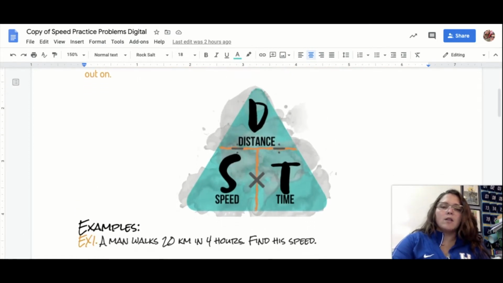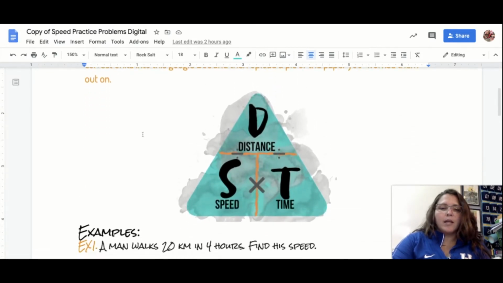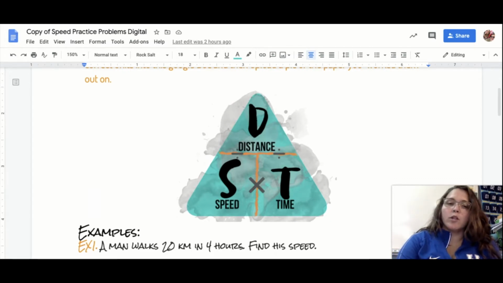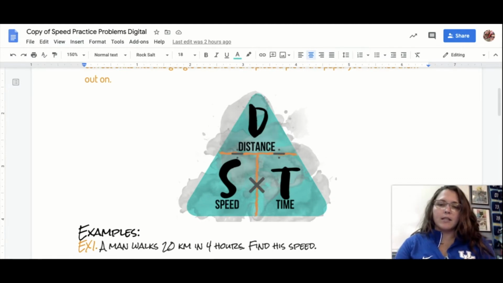Okay, so with the speed formula, speed equals distance divided by time, we can use what is called a formula triangle. We're going to use a formula triangle with several other formulas in this class. I'm looking around the room, and I've got 6 other formulas that work with a formula triangle.